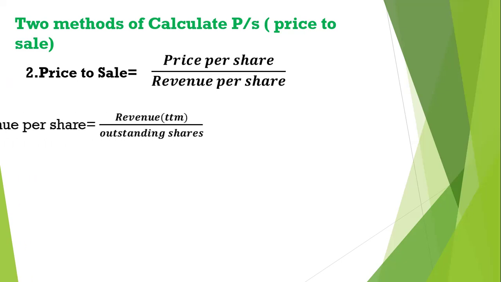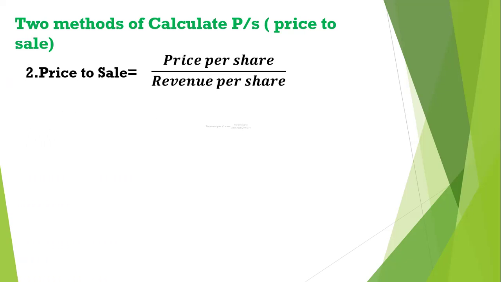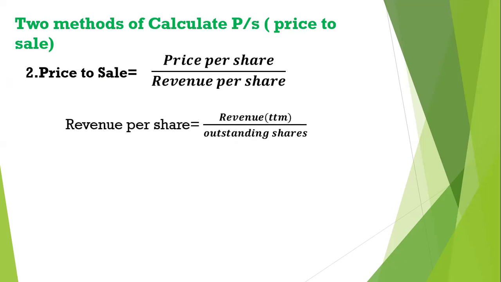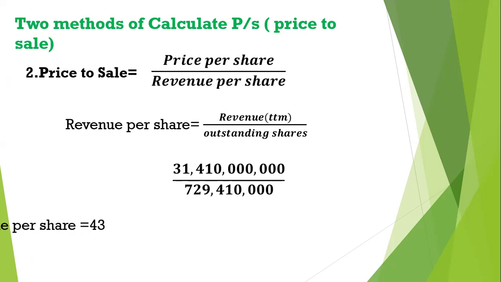For you to get the revenue per share, you have to take the revenue, which is for the whole 12 months, divided by outstanding shares. So the revenue per share will be 31,410 million, which is 31 billion 410 million, divided by 729 million 410,000.